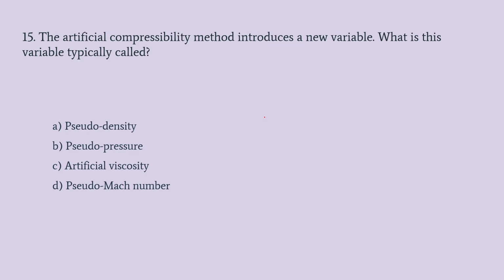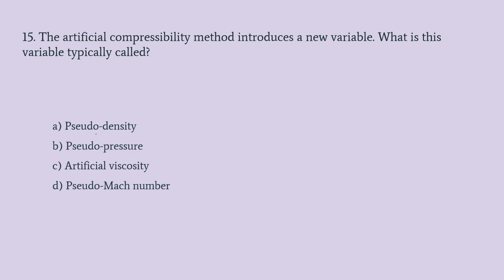Moving on to next question. The artificial compressibility method introduces a new variable. Already discussed in the previous question, we are introducing something, so the question is about that particular thing. What is this variable typically called?